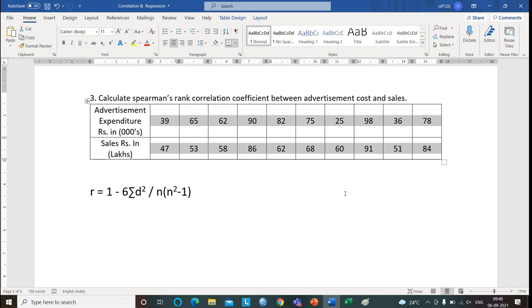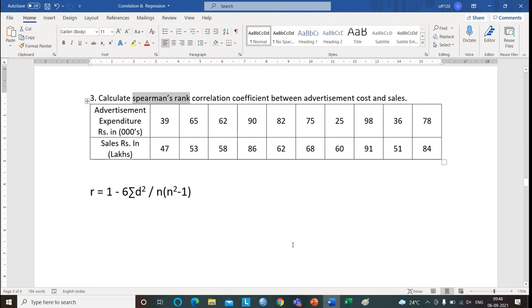But here it is a different case. Suppose the word Spearman's is not mentioned in this problem, and it says calculate correlation coefficient between advertisement cost and sales. Immediately, we can solve this using Karl Pearson's coefficient of correlation. But since they have mentioned Spearman's, I have to convert these values to ranks, otherwise I cannot find the value of Spearman's rank correlation coefficient.